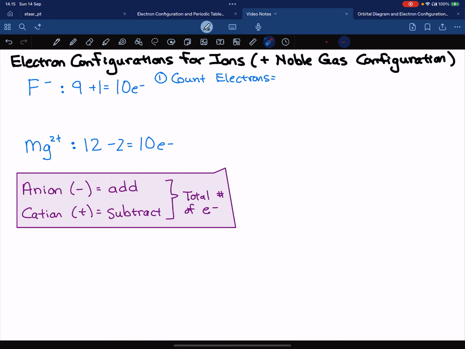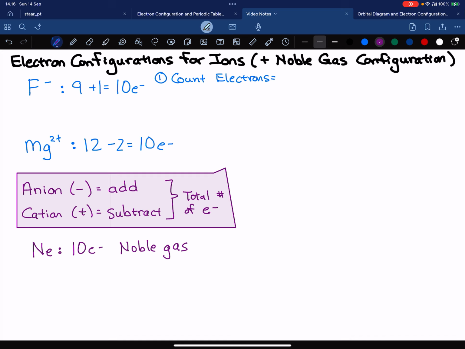So that means that everything here looks exactly like neon. Neon is a noble gas, and so everything will have a noble gas configuration.